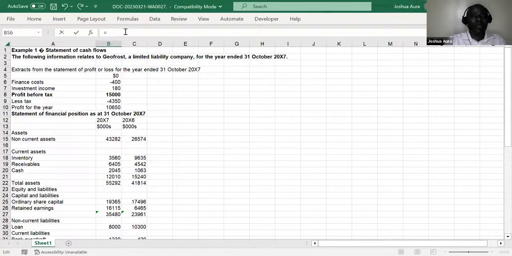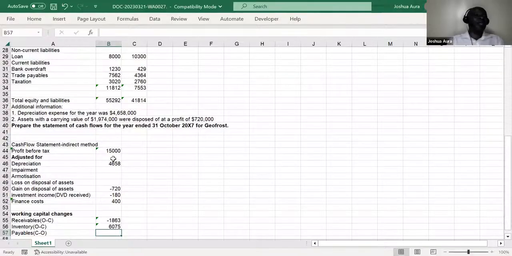I'm supposed to pick 9630 something, and then say minus this one here, and press enter. So you can see it is 6075. When I do it that way, I don't have to keep wondering whether it is an increase in inventory. That's not any of my concern.